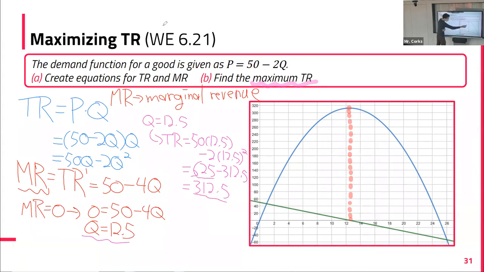It's a symmetric function, so that probably should happen, but it's good to work out the math anyway and make sure. So there we go. We've found the location of our maximum and then the actual value of the maximum.